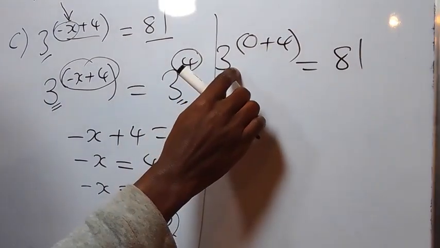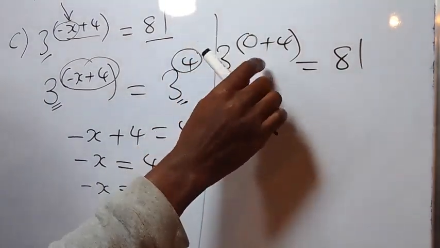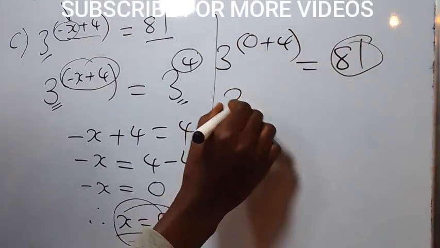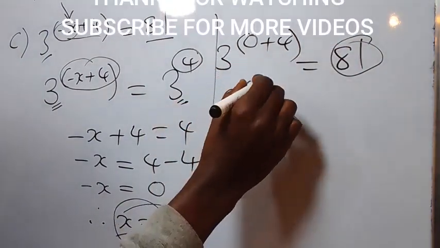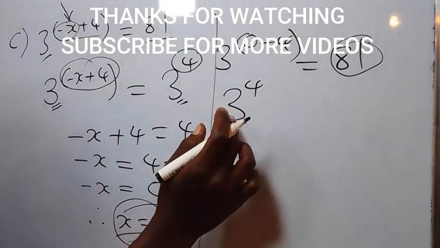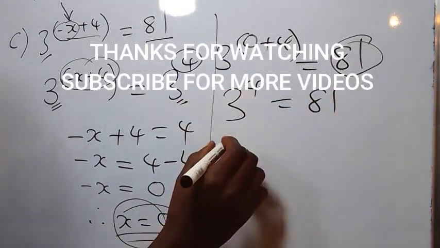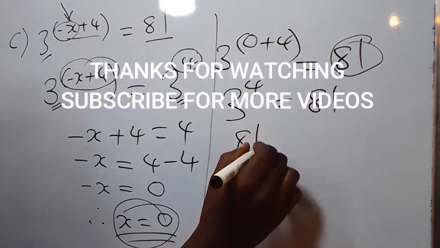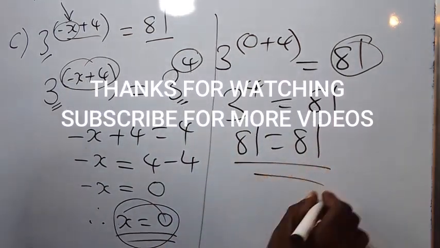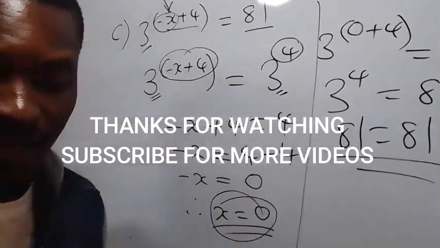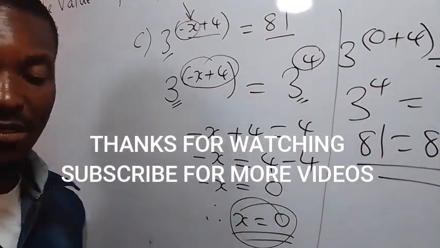So 3 raised to the power open bracket 0 plus 4 close bracket equals 81. 0 plus 4 is just 4. So we have 3 raised to the power 4 equals 81. And 3 raised to the power 4 is 81, equals 81. So this is just a proof that you have understood the concept of exponential equations.